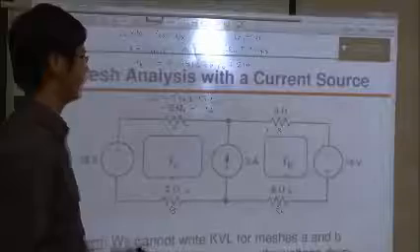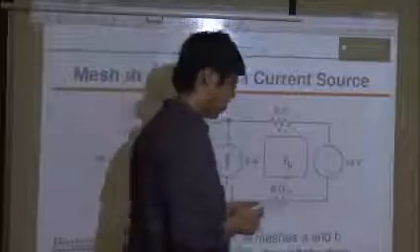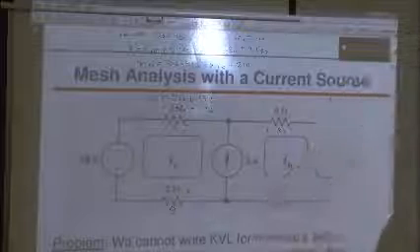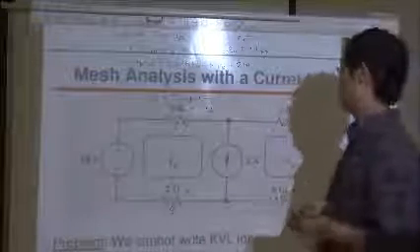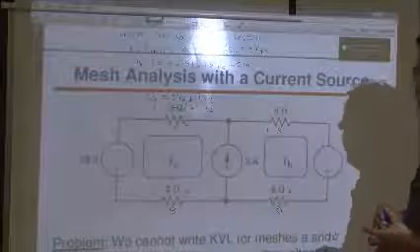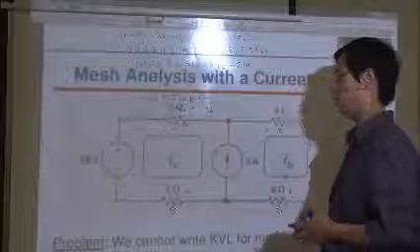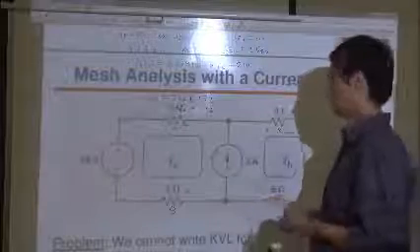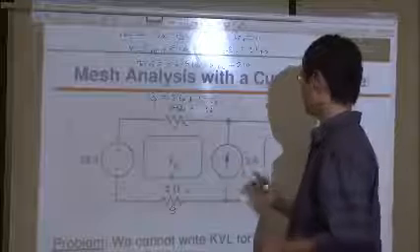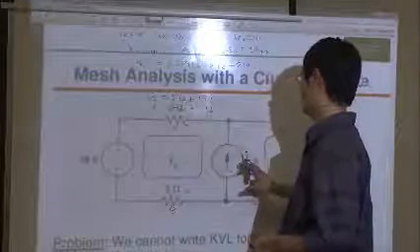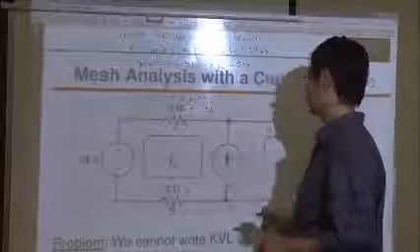For you to solve, right? So we will not carry that out. That's how we solve mesh analysis when there is a current source in the middle. Now, if we replace this guy with a voltage source, we don't need to do this.